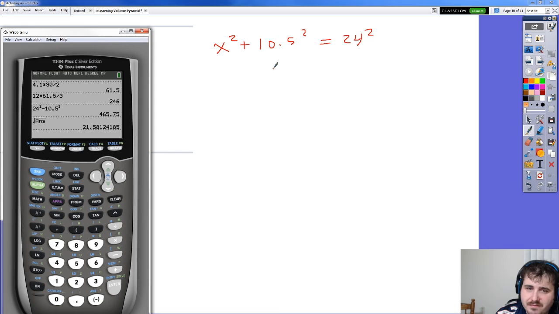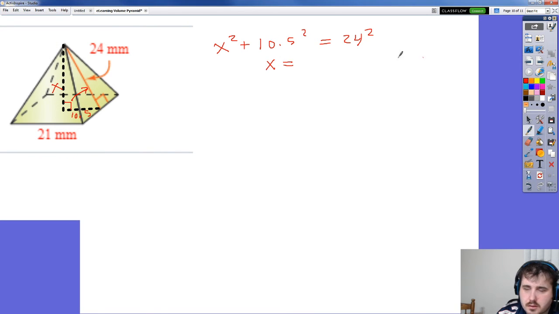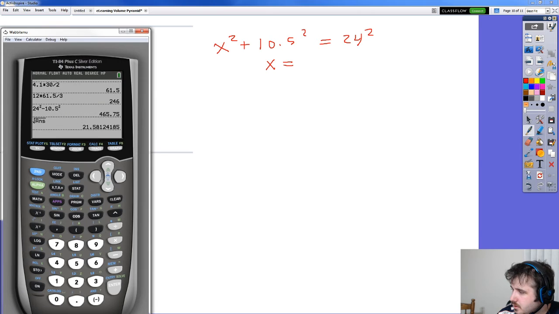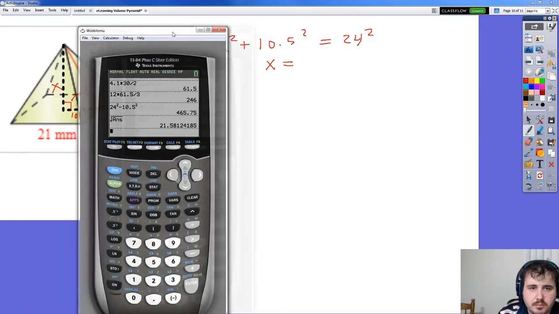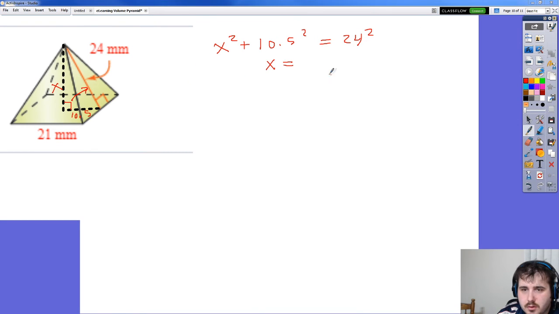You don't have to keep it somewhere special, but you know, write it on the side of your paper. 21.581244185.